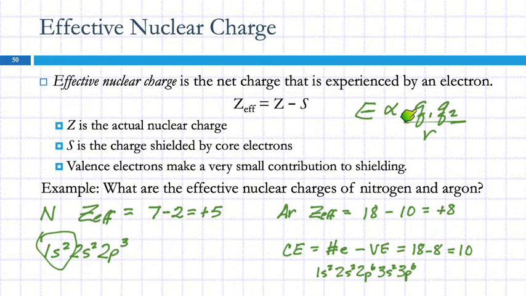So a -1 times plus 8 is a larger, more negative number than -1 times 5. The valence electrons in argon are more attracted to the nucleus. Everybody okay with that?